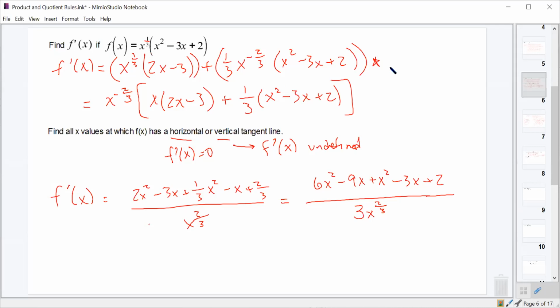But the chances of them asking you for this derivative in the free response is slim to none, right? They might ask you, when does it have horizontal and vertical tangent lines? And then you need to be able to simplify it down into a usable form like we did. They could ask you, what's the derivative of this in the multiple choice?